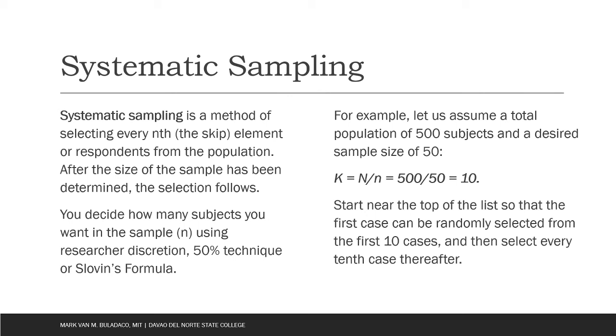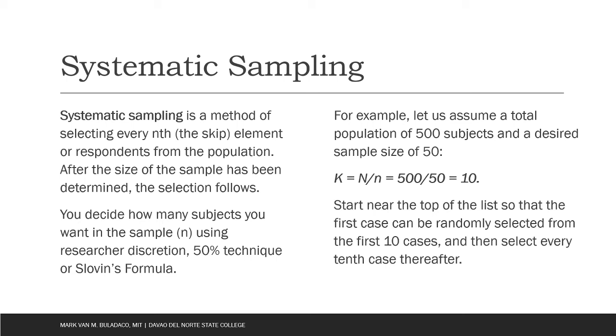Again, when you conduct a systematic sampling, it is important that each member of the population is assigned a unique identification number. And then based on those, you will select every 10th member of the population, and that is a member of the sample, until you get the 50 sample size.